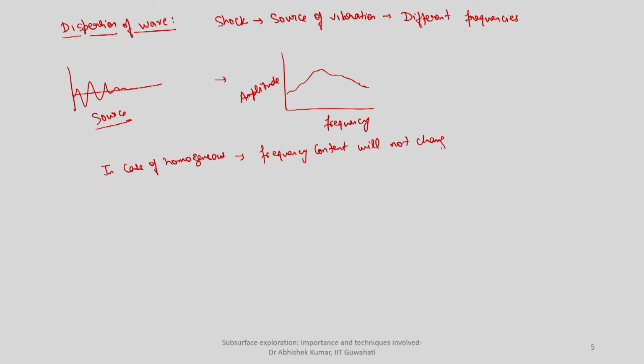What I mean to say is, there will be different frequency waves, I can call them harmonic waves. If a source is creating a summation of different frequency harmonic waves, the kind of random vibration here, and you allow it to pass through a homogeneous medium, what will happen?